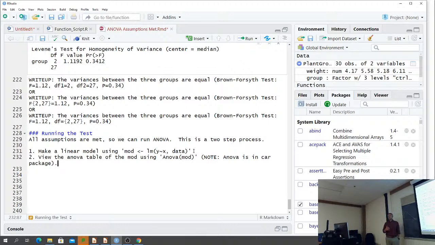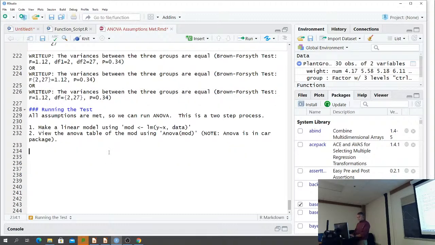But I'm prepping a graduate student for 2-way, 3-way, 4-way ANOVAs, where the capital Anova gives us more control over how we create our ANOVA table, but either one will work. So this is our two-step process. So for plant growth, this is how I run it.